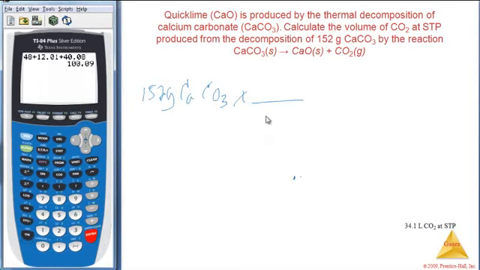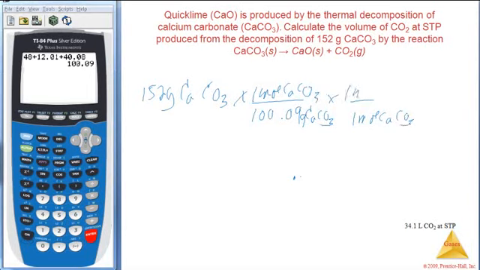That's a molar mass of 100.09 grams of calcium carbonate per mole. And I need 1 mole of calcium carbonate to get 1 mole of CO2, and 1 mole of CO2 is 22.4 liters of CO2.